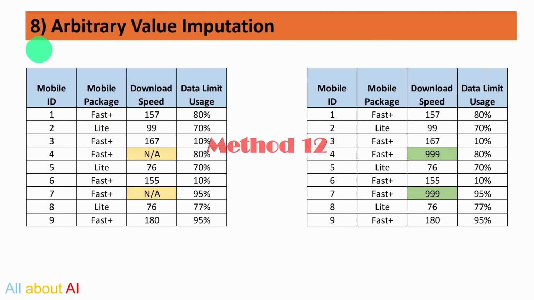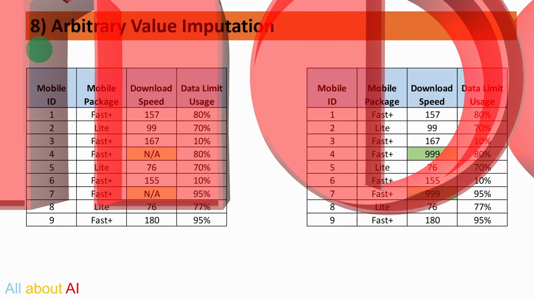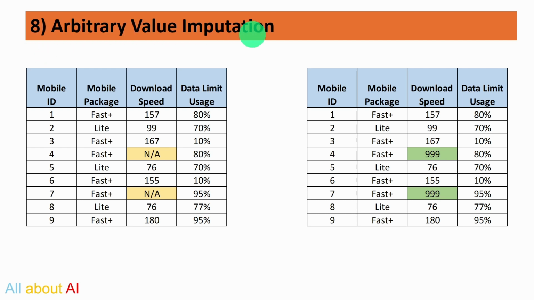There is another very popular method which is called arbitrary value imputation. In this case, we can find an arbitrary value, which may be -1 or 999 or something, to show that this is a missing value. So in the numeric case, we can use say -1 or 999 to show the data is missing for this specific value.